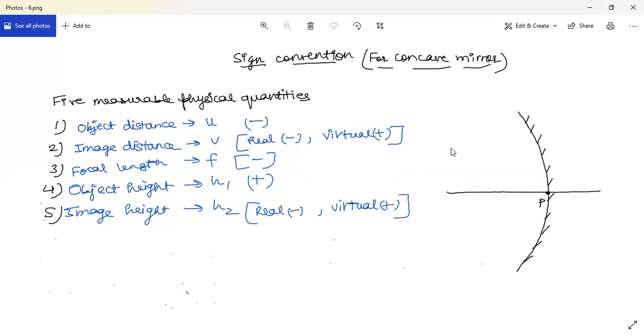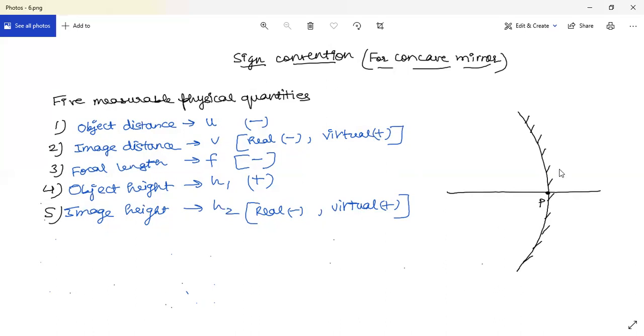Left to right. Okay, so now when you measure object distance, image distance, focal length, any distance, you always measure it from the pole to the required physical quantity. Like for object distance, from the pole to the object; image distance, pole to the image; focal length, pole to the focus.